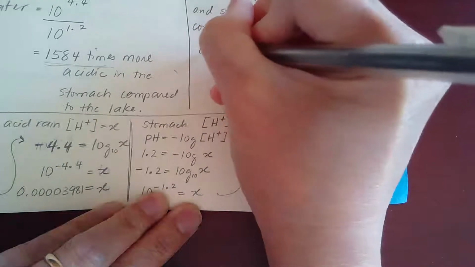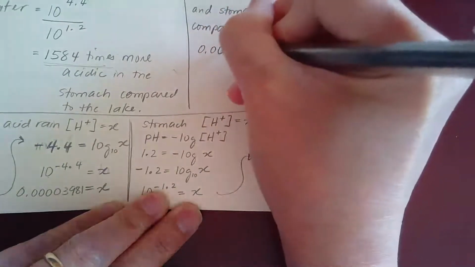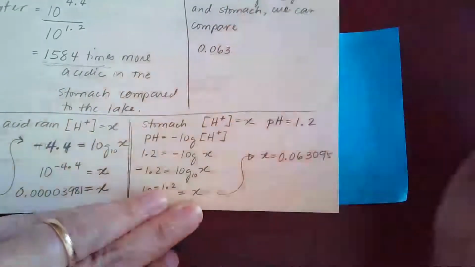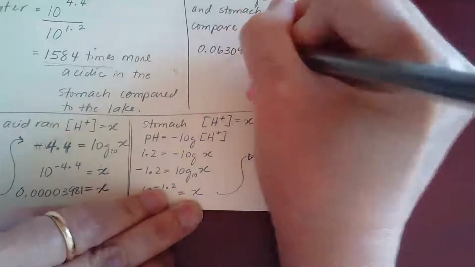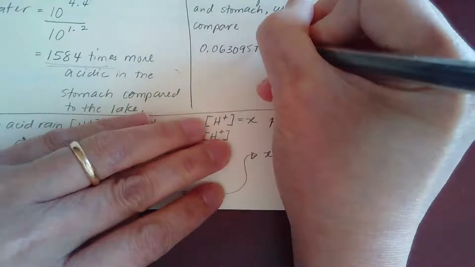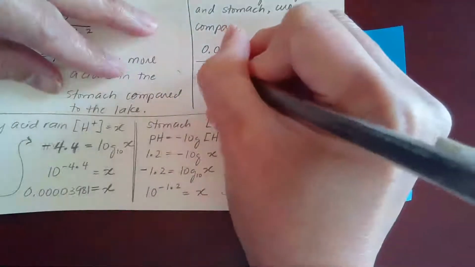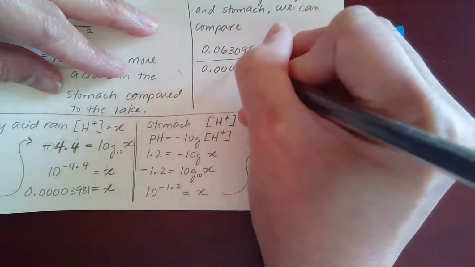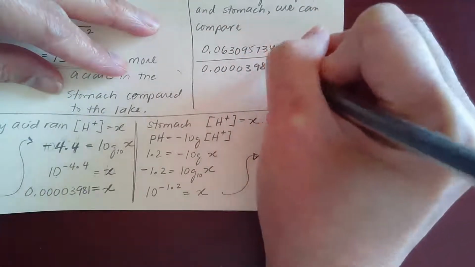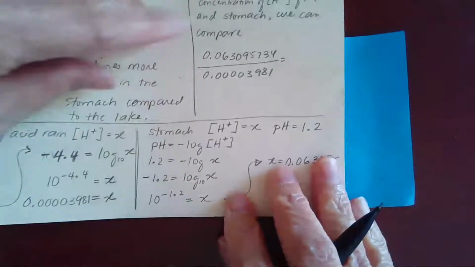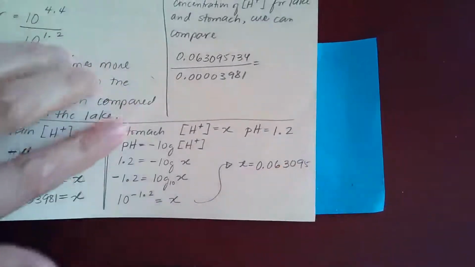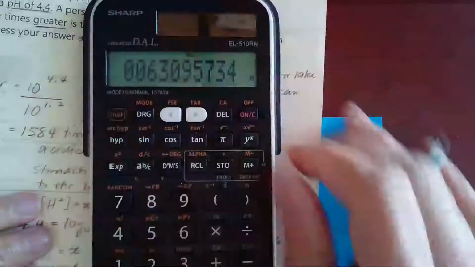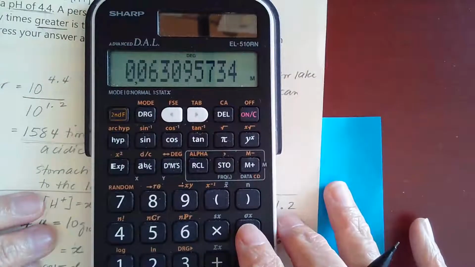It's going to be 0.063095, and then, of course, if we count all the decimals, divided by 0.0000391. If we take that divided by that, we're going to get, okay, so I'm keeping all the decimals there.